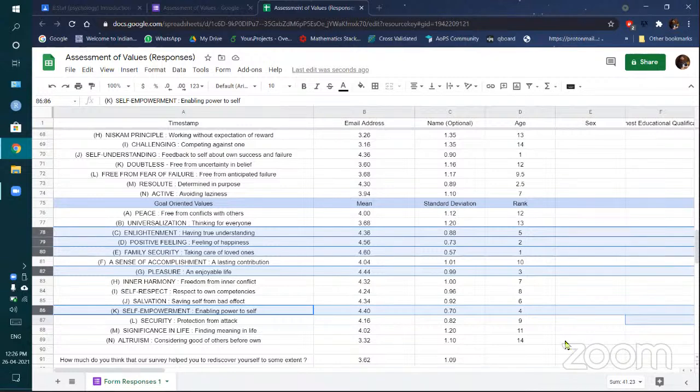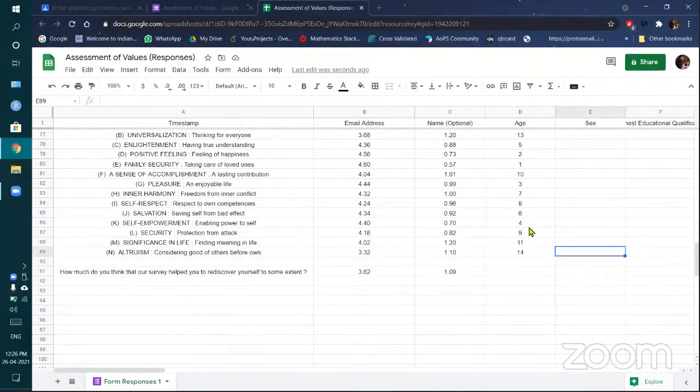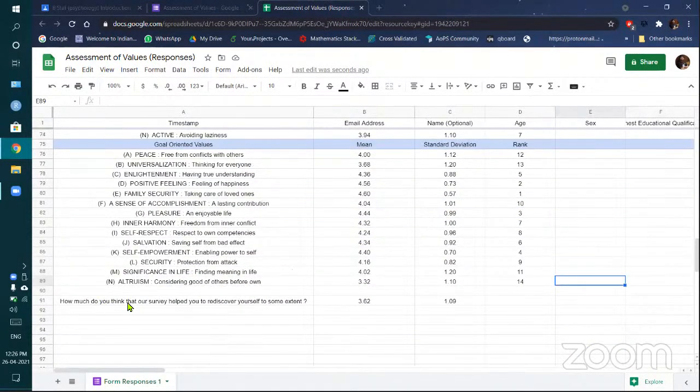Very good. Now you relate this data. Sir, I collected information from everyone about how much they think our survey helped them to rediscover themselves to some extent. The average is 3.62.